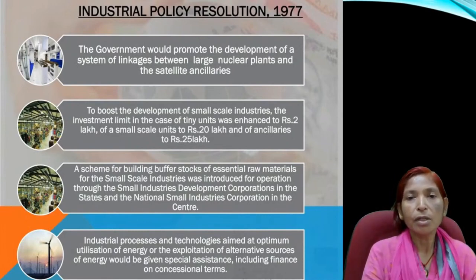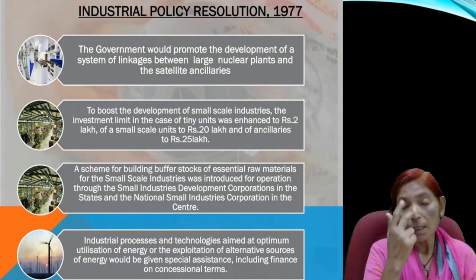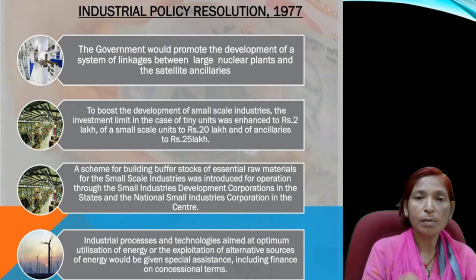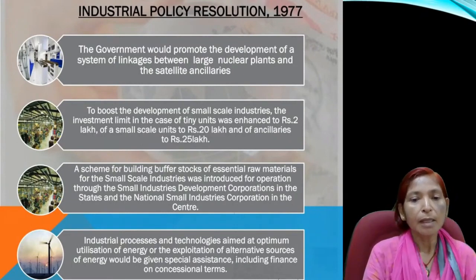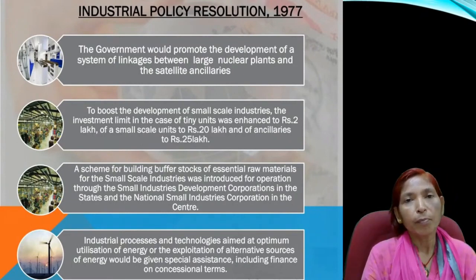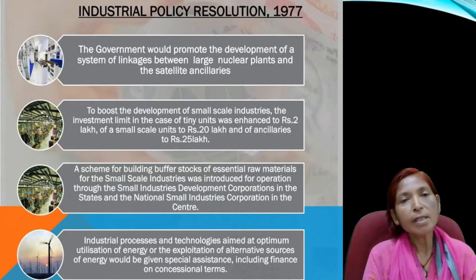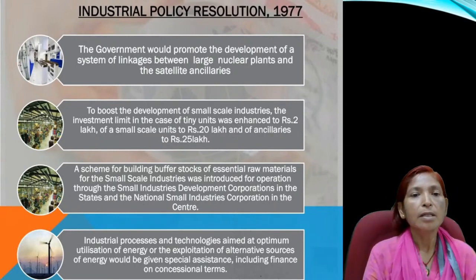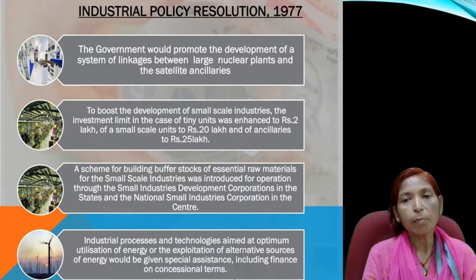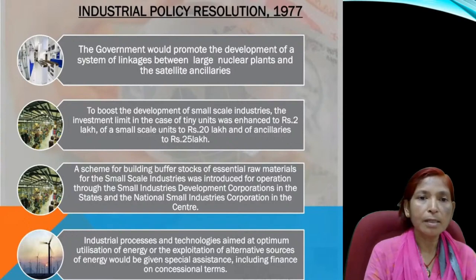The industrial policy of 1977 mainly focuses on the small scale industrial sector, the micro and tiny industrial sector, and provides some concessions and benefits to small scale enterprises, and the government promoted some nuclear plants and satellite ancillaries.